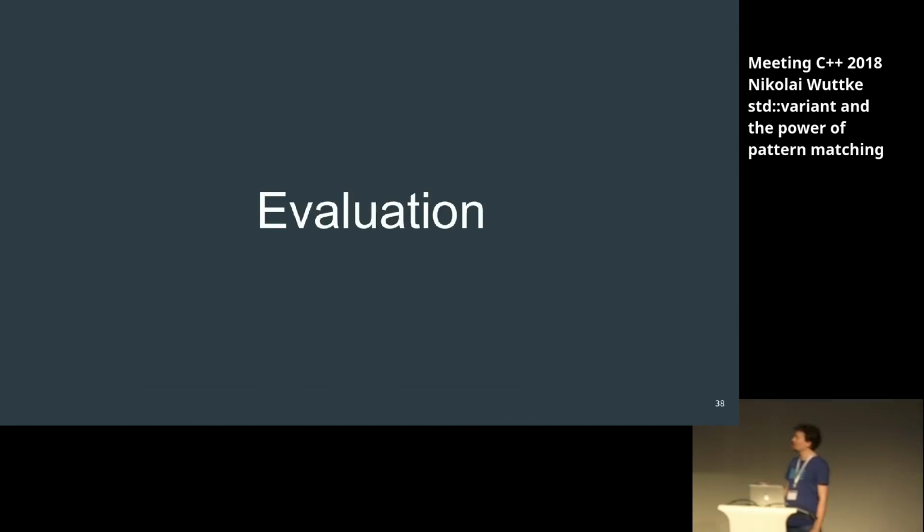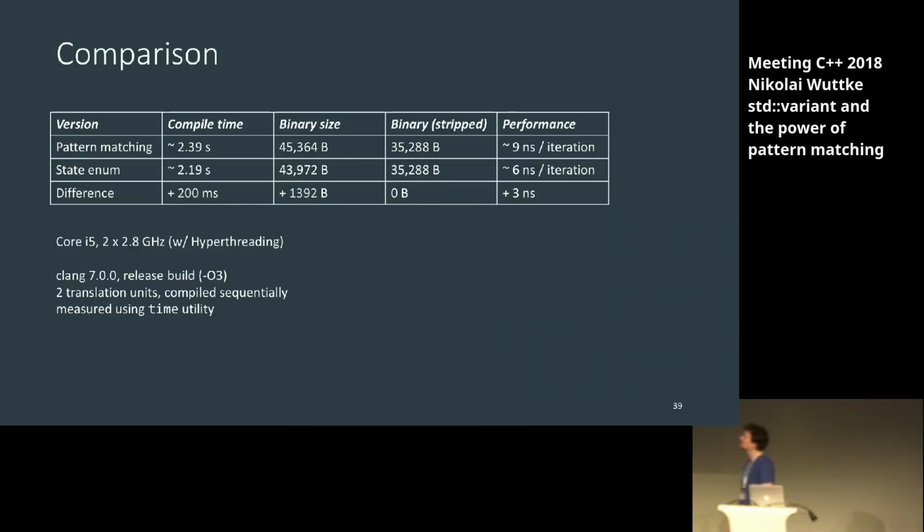All right, so let's evaluate the application of this variant pattern matching to this use case. And in C++, we always like to talk about zero-cost abstractions. So let's see what the cost is of this. Is this a zero-cost abstraction? Well, not quite, unfortunately.